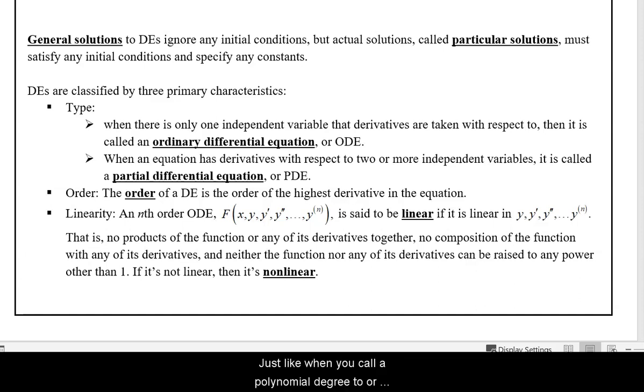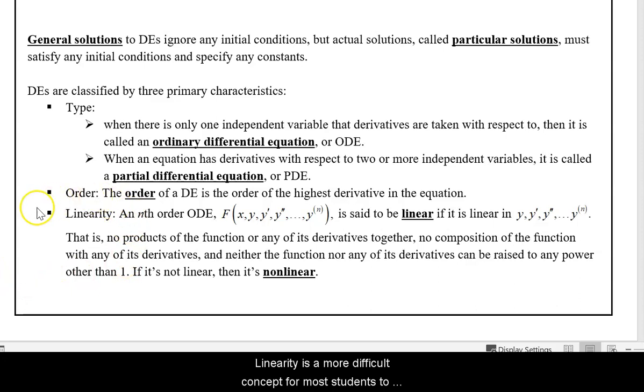Just like when you call a polynomial degree 2 or degree 3, depending on the highest power on the variable x, you'll call a differential equation order 1 or order 2 if it has the first derivative or the second derivative as the highest derivative. The examples we've done so far are order 2 because they have the second derivative as the highest derivative of y in the equation.